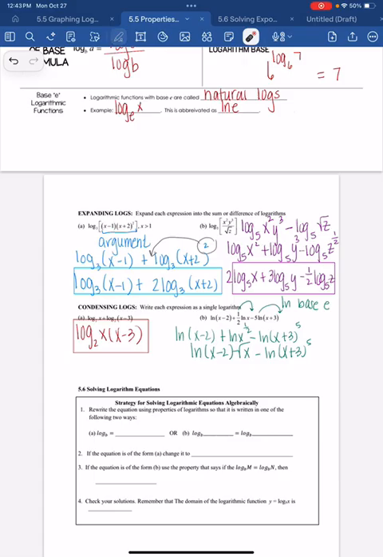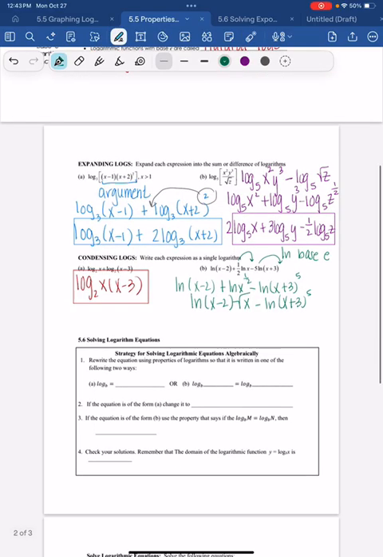You don't divide the logs. So this is going to become the natural log of, I'm going to write a big parenthesis, x minus 2 times the square root of x over x plus 3 to the 5th. A lot of parentheses. And that is a singular log.